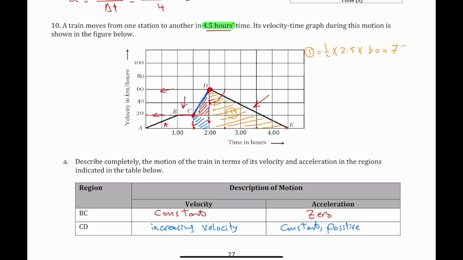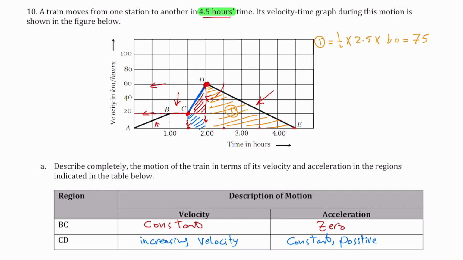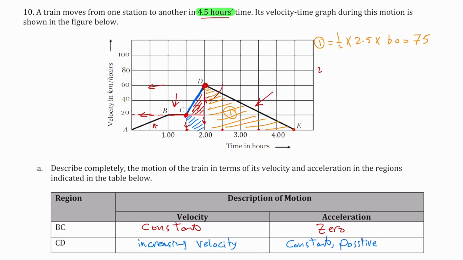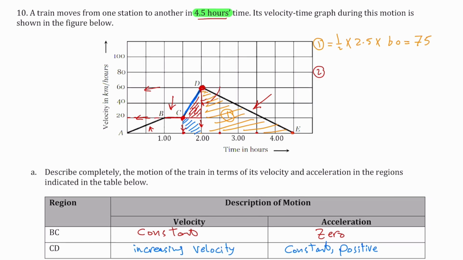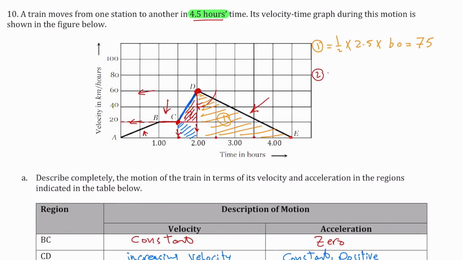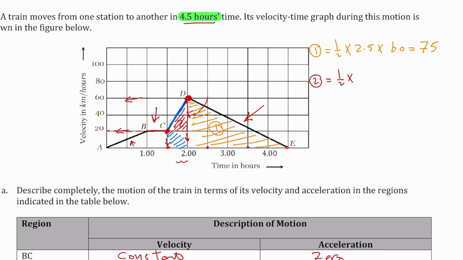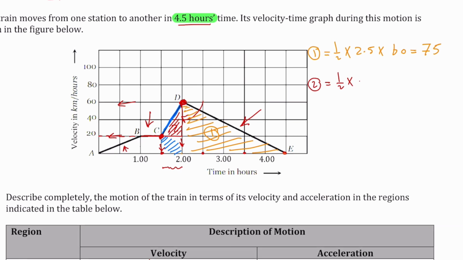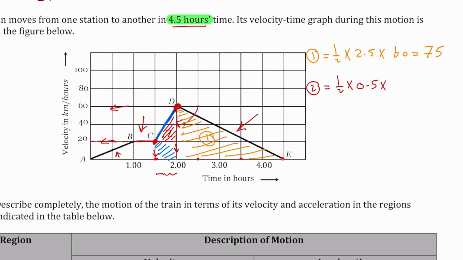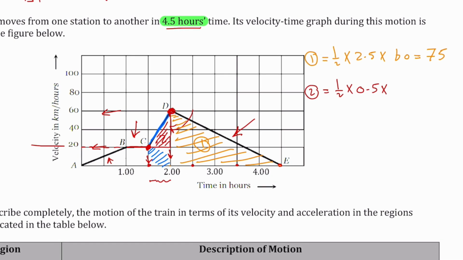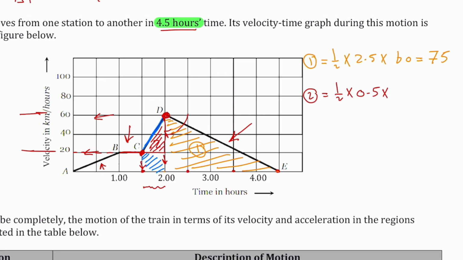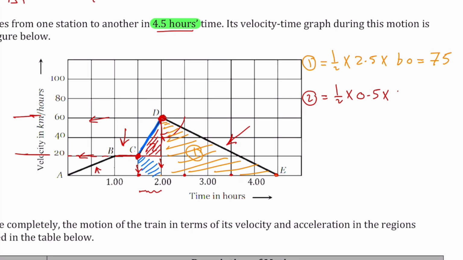That gives 75. Area 2, which is this one, equals half times the base, which here is 0.5, times the height from 20 to 60, which is 40.